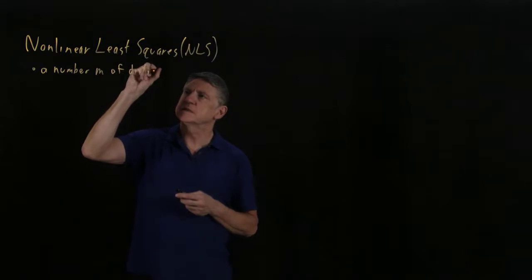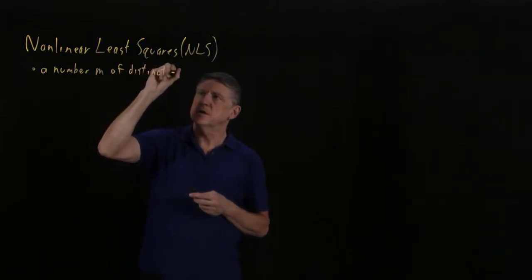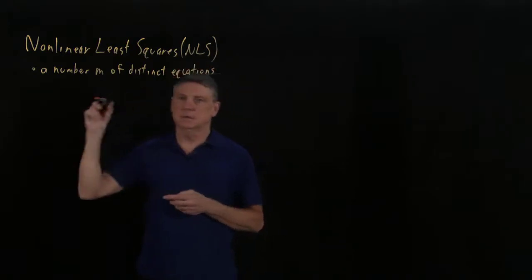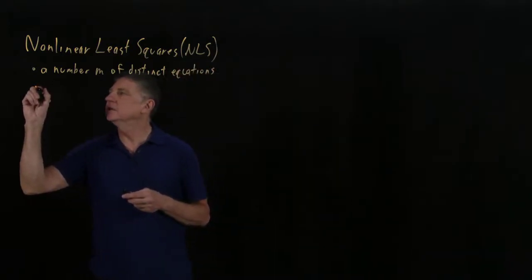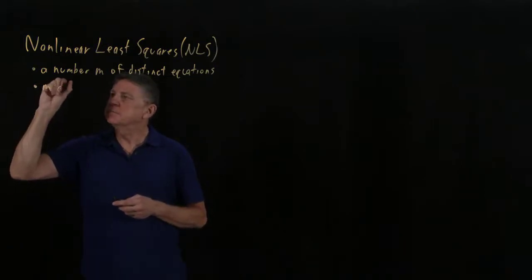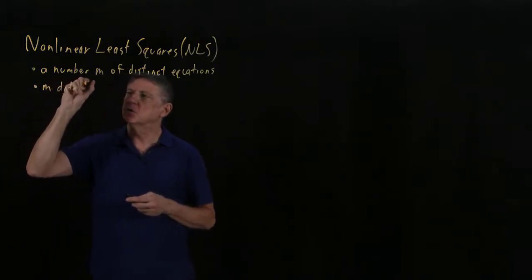So it's a set of nonlinear equations, and all of the equations have the same vector argument. We have, in addition to m functions, m data, let's call them readings.